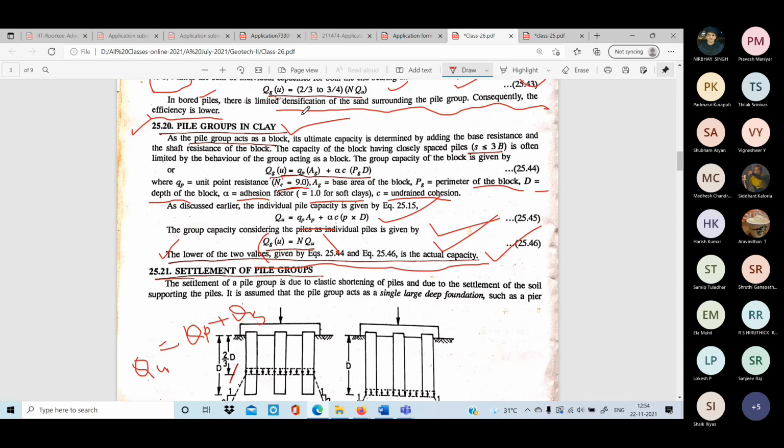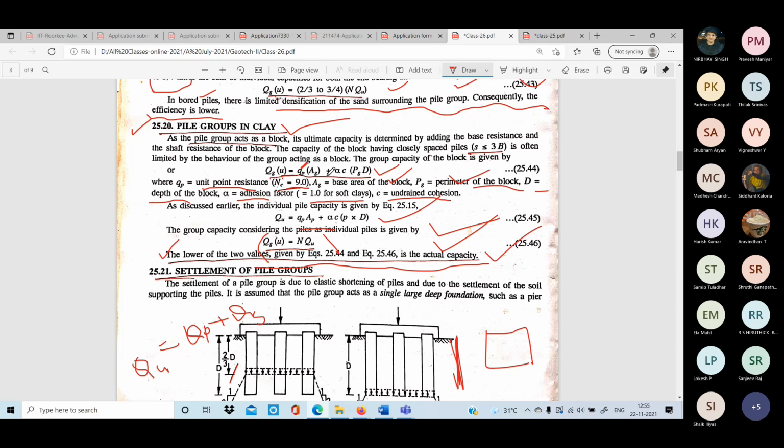At the tip, AG is the base area, that means the block area. It can be like this, block area 3 by 3, here AG. QP is the unit point resistance, already seen. For this, the whole block can be taken. Then plus alpha C for the clay soil, PG is the perimeter of the block, and D is the whole depth, like this.